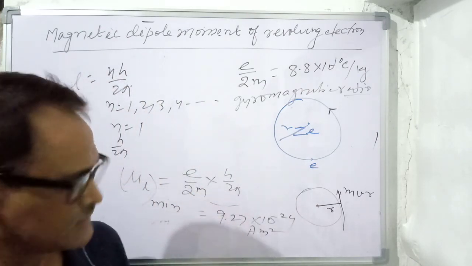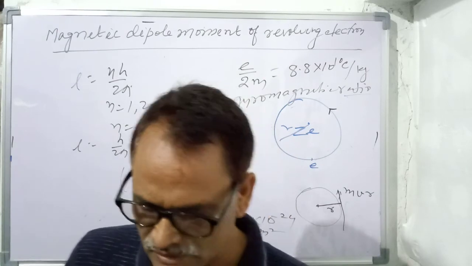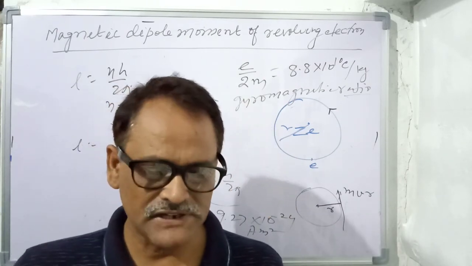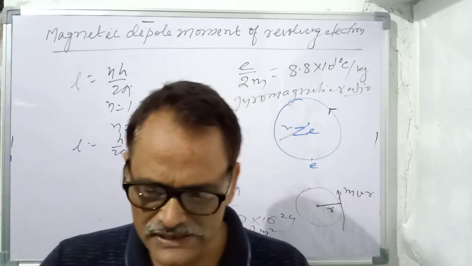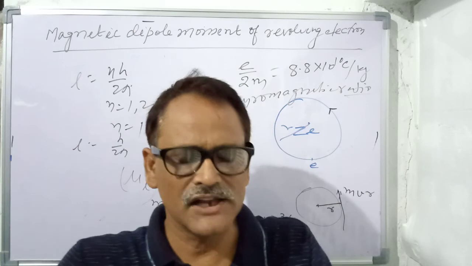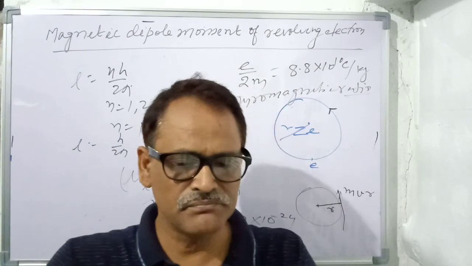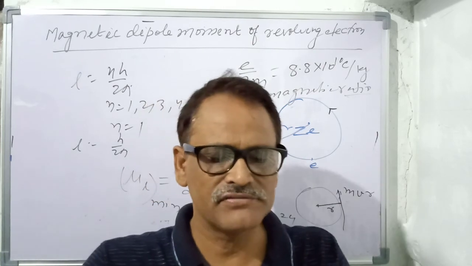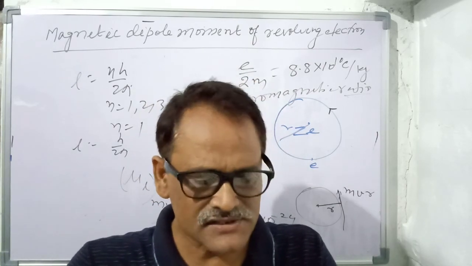So this is the concept of the electrons revolving. We can say that if electrons are revolving around the nucleus, it will provide a magnetic dipole moment, and this is the basis of the magnetic behavior of a substance.